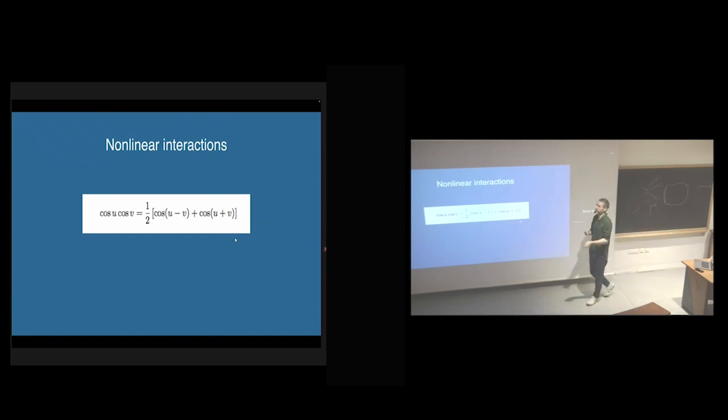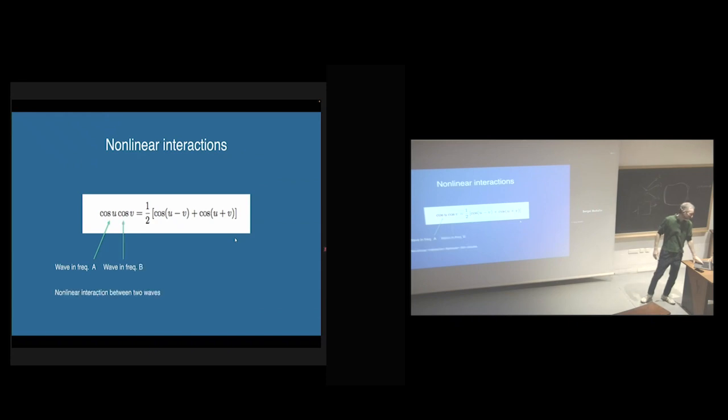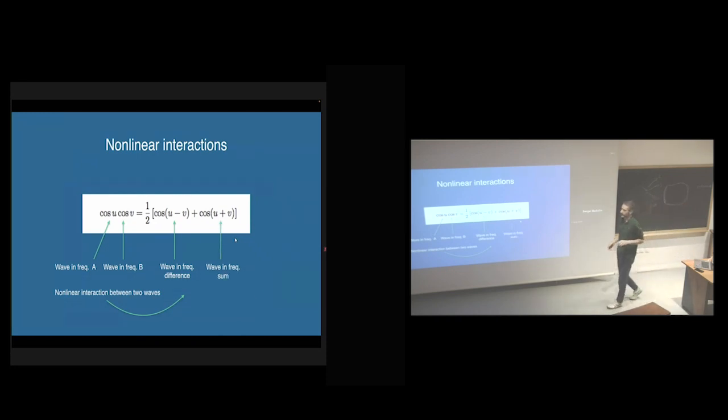Each multiplication of these sines will give us a wave in frequency A times a wave in frequency B giving us a wave at the frequency difference. We are scientists, so we call it subharmonic interaction. Yeah, fancy word, but high school math. And superharmonic interactions, the sum of these frequencies.